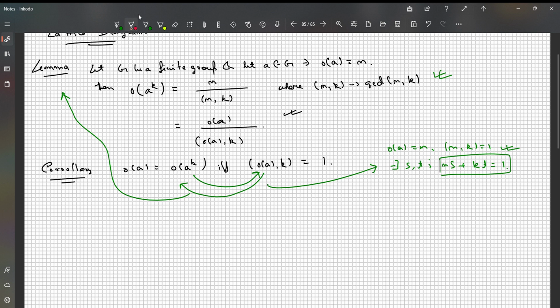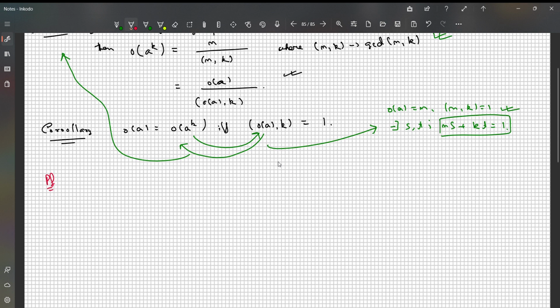Okay, so the proof. Clear? The first thing we do: we are given that the order of a is n, right? Let (n, k) have the GCD d.